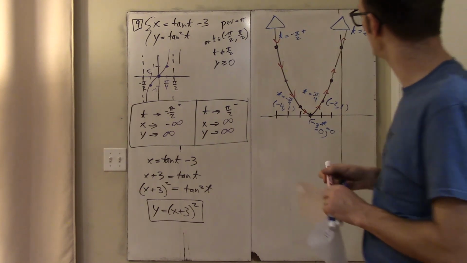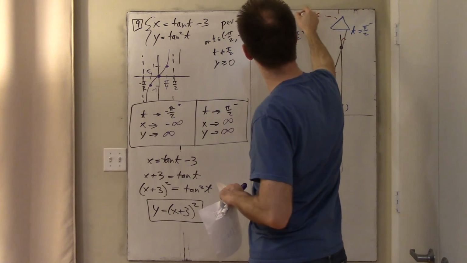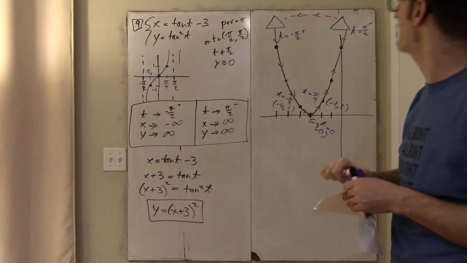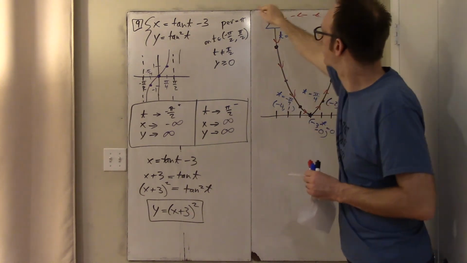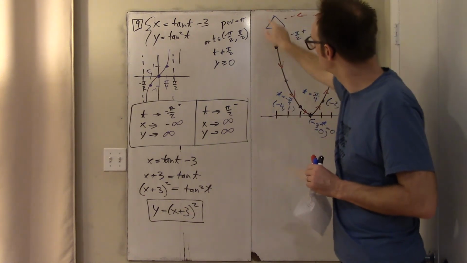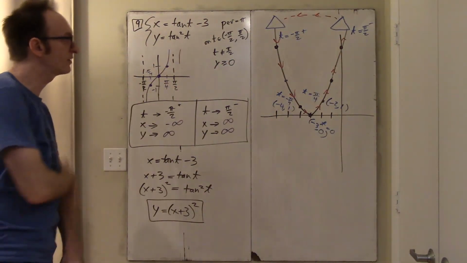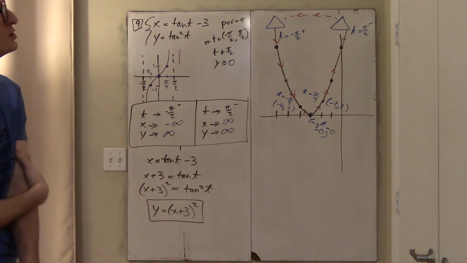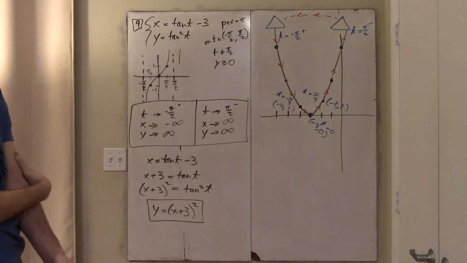So I think these teleporters are kind of essential to indicate that, in fact, what's really happening in this problem is that we're going instantaneous teleportation from the top right-hand corner of the parabola to the top left-hand corner of the parabola, over and over again, and this entire thing just kind of repeats every pi forever.